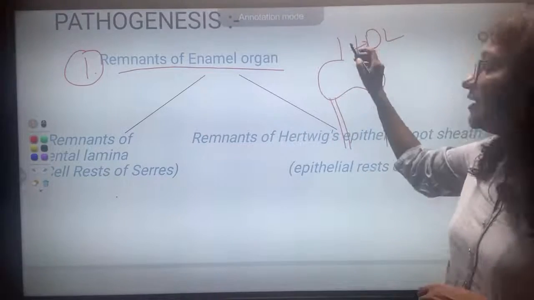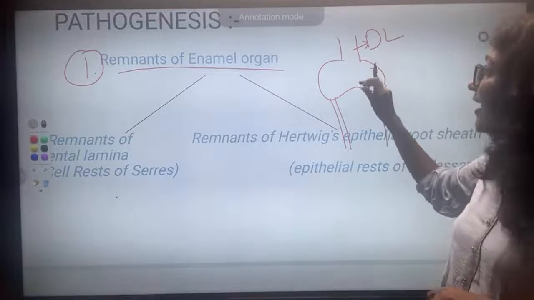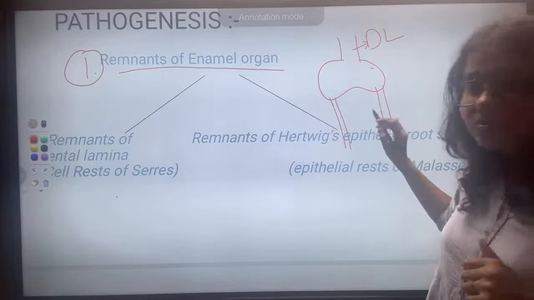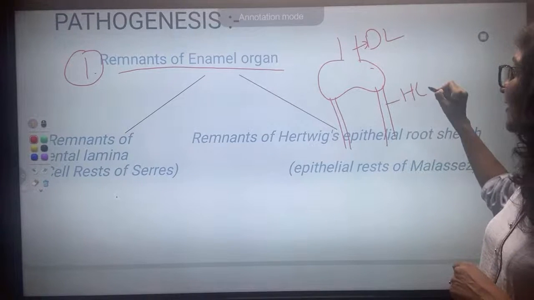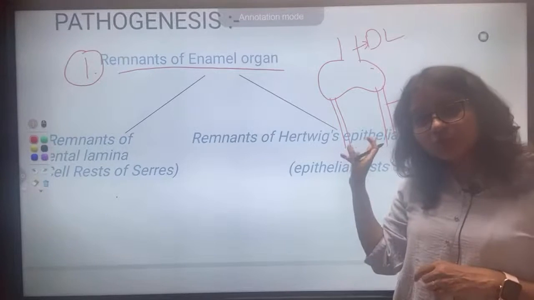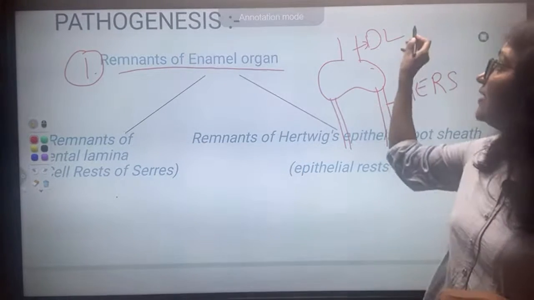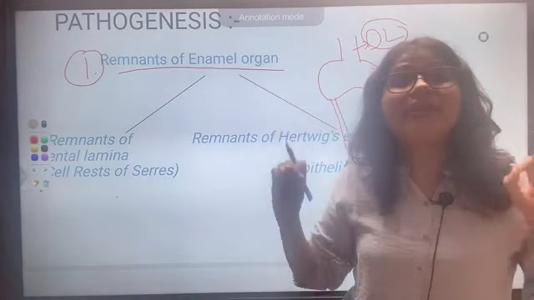Amazing. So there is a dental lamina, there is an enamel organ, correct? And once this enamel organ forms a tooth-like structure, yes, HERS, very good Sadaf. So there is Hertwig's epithelial root sheath, which will form the root of the tooth. Now the remnants of the lamina, for example, the tooth is formed and there are remnants of the dental lamina, what are they called?